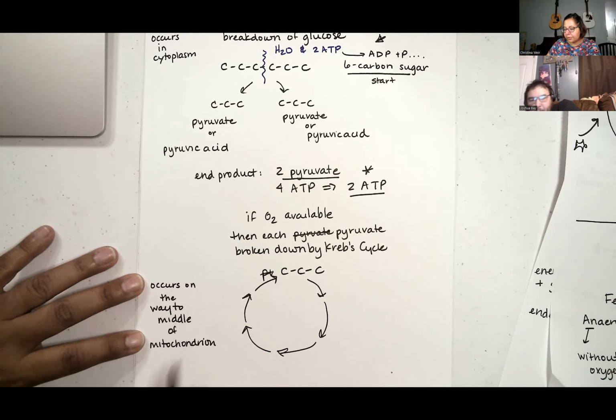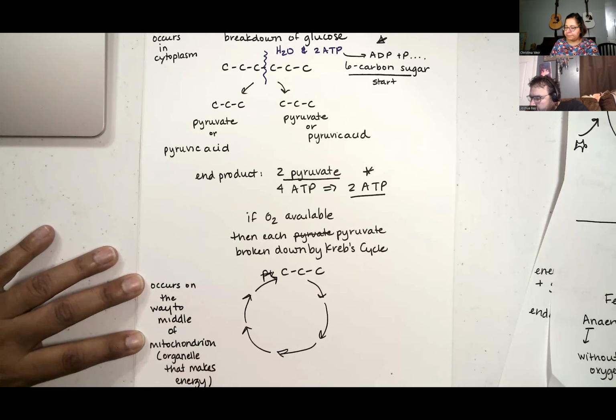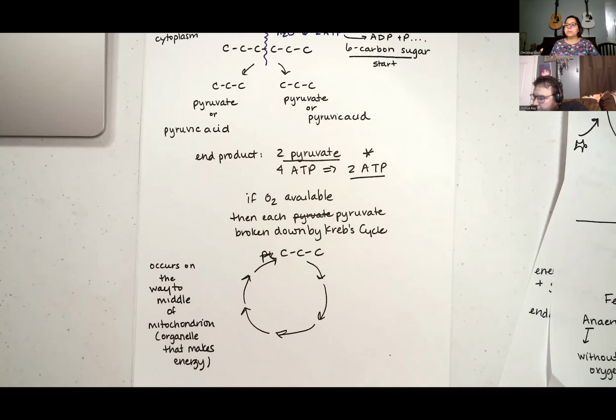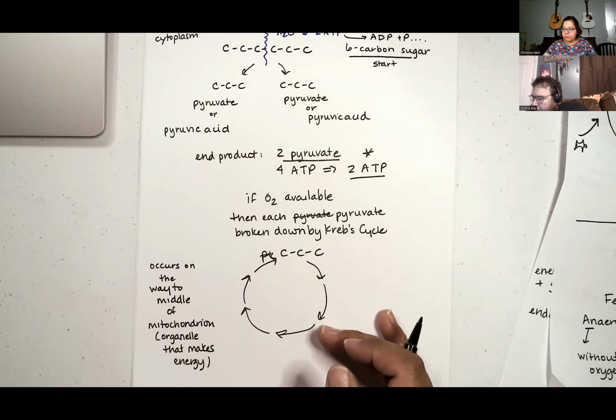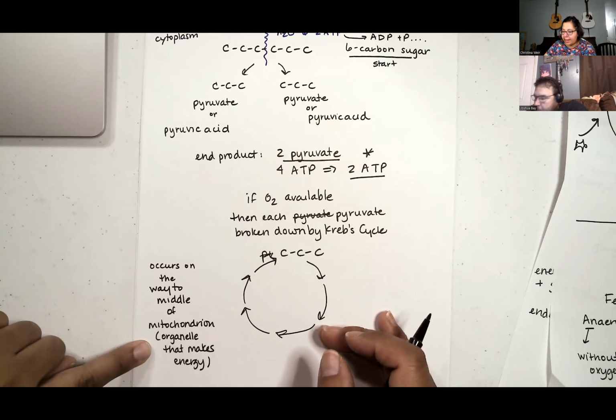But as a reminder, the mitochondrion is the organelle that makes ATP. Or I think we learned it as it makes energy. So we're going to be eventually making energy, and the conversion of pyruvates happens on the way to where we're eventually going to make that happen.